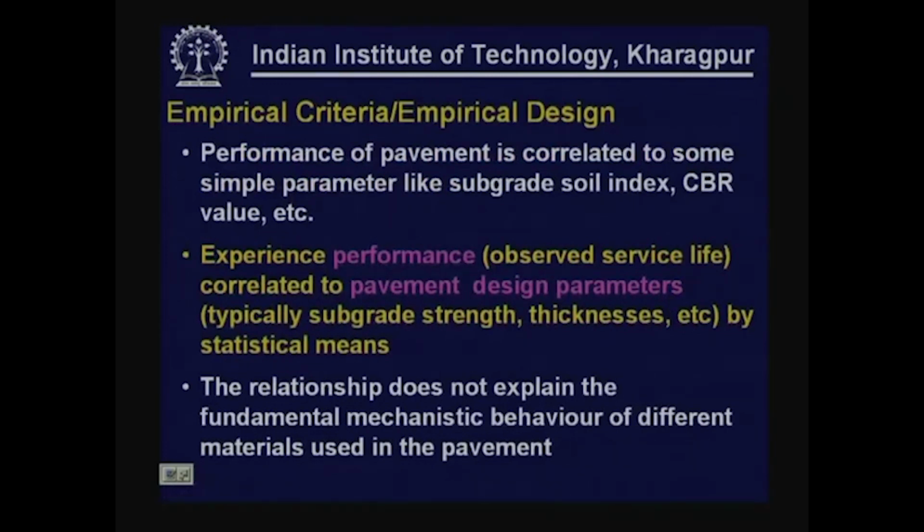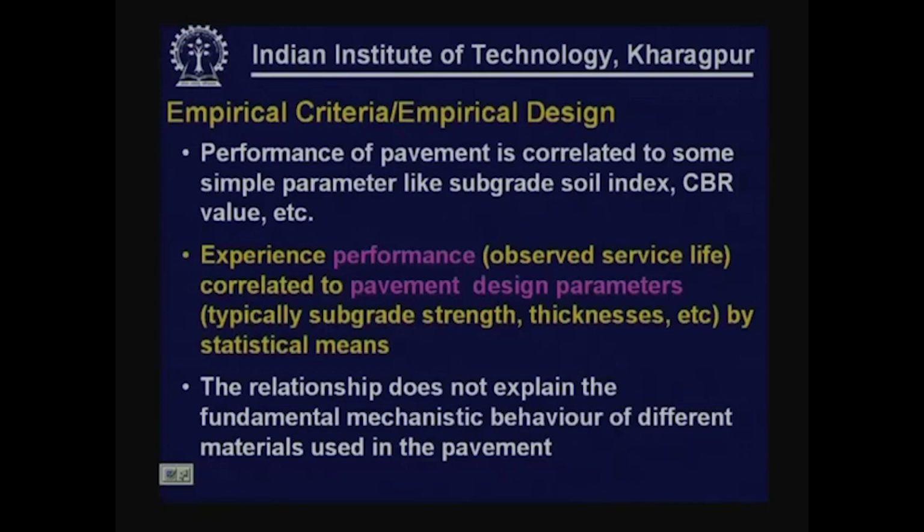Empirical criteria, in this the performance of the pavement is correlated to some simple parameters like subgrade soil index, plasticity index, liquid limit index, maybe what is the maximum dry density that we can get in a compaction test, California bearing ratio value, some simple parameters that we can get corresponding to subgrade or some other material properties. So, the performance of the pavement is correlated to some of these simple parameters.